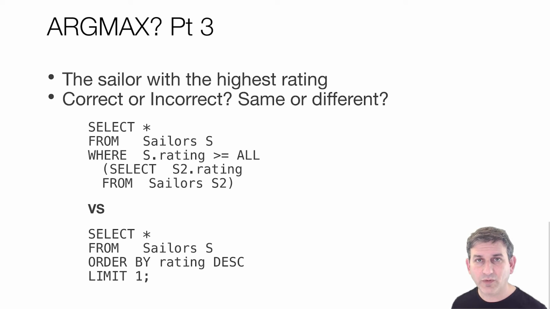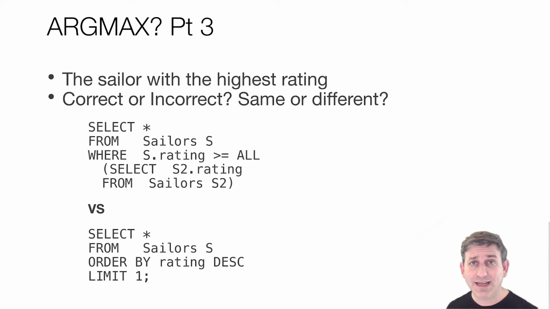The second query will return only one of them. And which one will it return? That's arbitrary, because order by limit doesn't guarantee you the order of columns not mentioned in the order by clause. In fact, every time you run the second query, you might get a different one of the tied maximum results. So these differ in the number of rows they might output that have maximum rating.